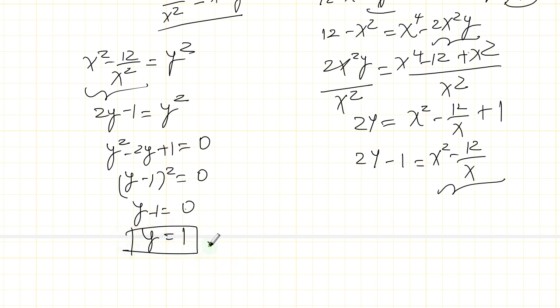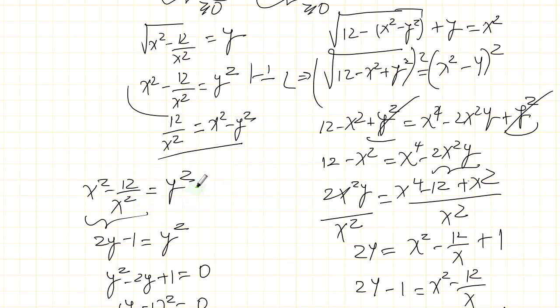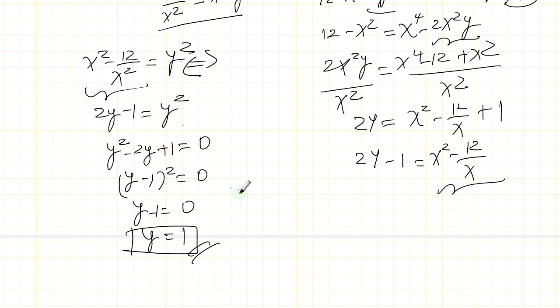If y is equal to 1, we can come back here and replace the value of y. We're going to have x squared minus 12 over x squared is equal to 1. So now this one here is x to the 4.